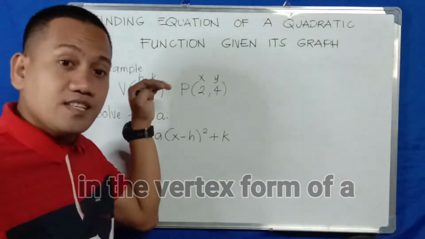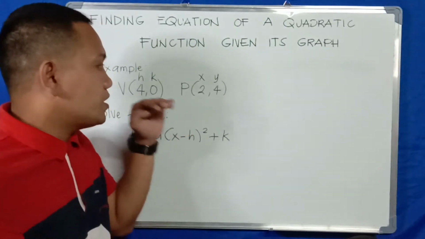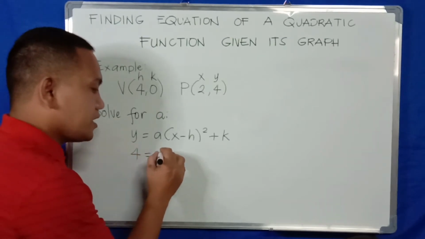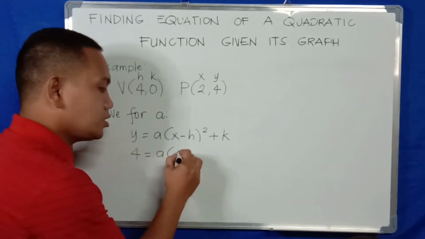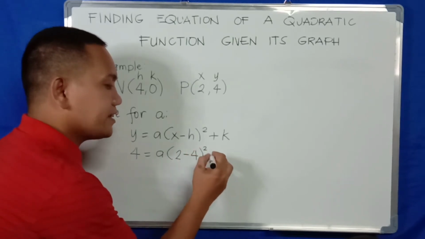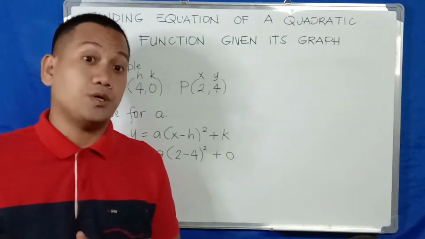So using these values, we will be solving for a. So here, our y is 4, a is unknown, x is 2, while our h is 4, squaring it, and of course, we will have our k, which is 0.